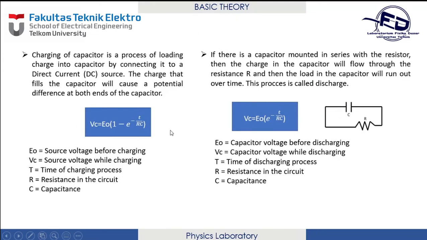Next, there are 2 different equations for the charging and discharging capacitor. For the charging one, there is a number 1 here, minus the exponent to the power of minus time over R times C. On the other hand, in the equation for the discharging capacitor, there's no number before the exponent, okay?